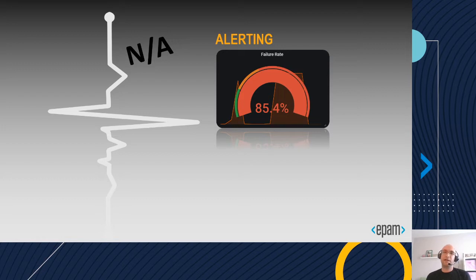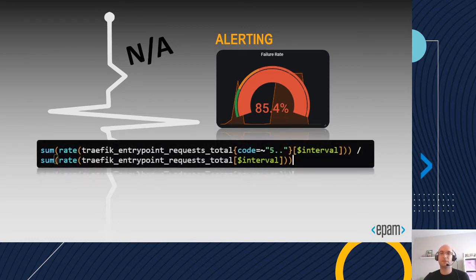Okay, for alerting, if you are working with a load balancer that's presenting metrics for the different kinds of response codes, like the load balancers or reverse proxies I worked with, and the proxies I used in the sandbox, then you can provide a failure rate based on the HTTP responses.